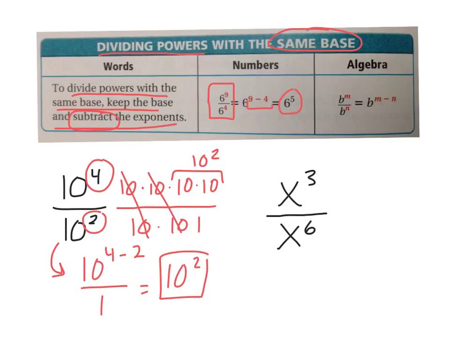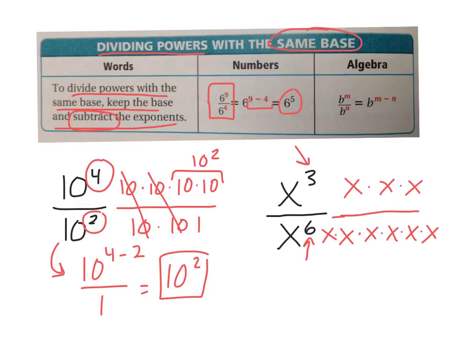But what happens when you have a number in the exponent place that's bigger than the number in the exponent place in the denominator? So let's take a look at how this would expand. It'd be x times x times x over x times x times x times x times x. Need one more x times x. Squeeze that in.